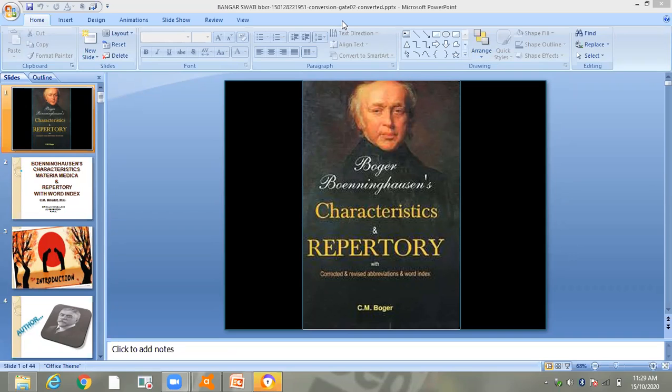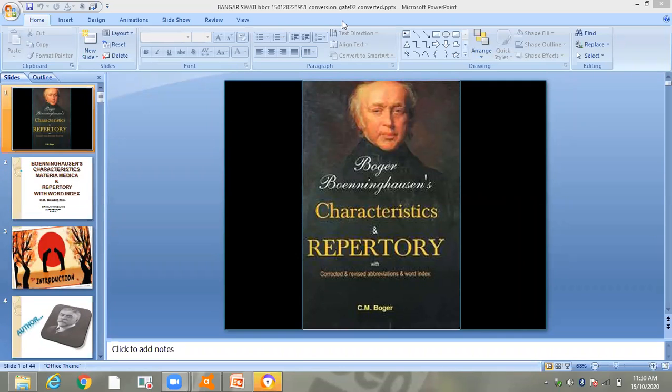So there are many misplaced rubrics in this repertory. We cannot easily find the proper rubrics, because at many places they are misplaced.